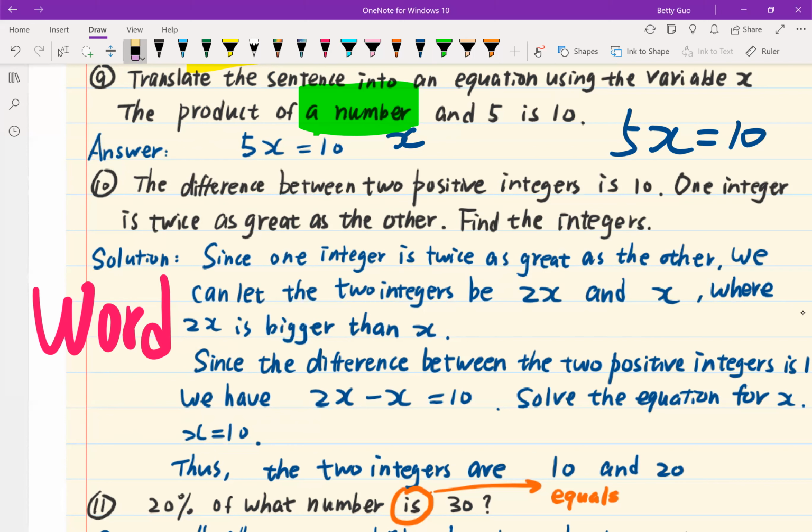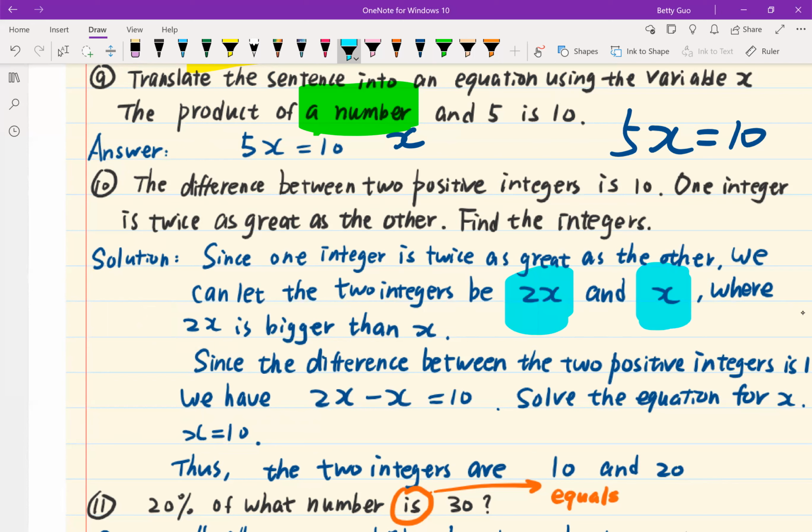Oh, I'm sorry, if they are positive, yes, we can let x be the smaller number. Then the bigger number would be twice of x, because it's given, one integer is twice as great as the other. So the other is x. Then the integer twice as great as the other would be 2 times x.